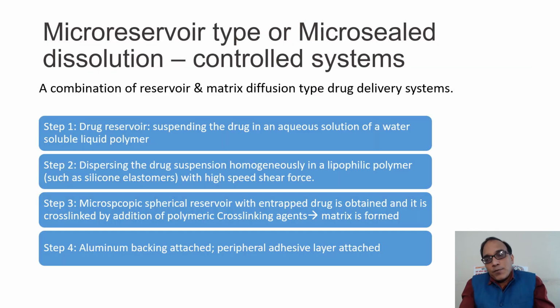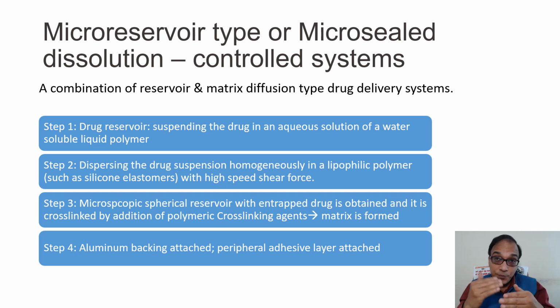Micro reservoir type or micro sealed dissolution control system. As the name suggests, they have micro reservoirs. Basically, these are a combination of reservoir type and matrix type systems. We prepare a reservoir and put it into the matrix system. Step one, you prepare the drug reservoir by suspending the drug in an aqueous solution of a water soluble liquid polymer.